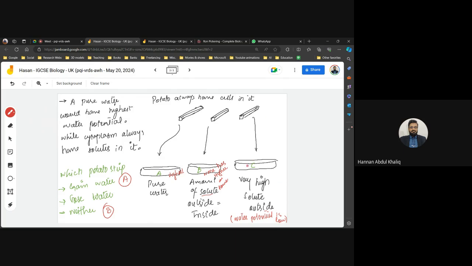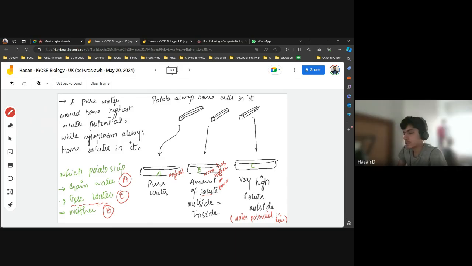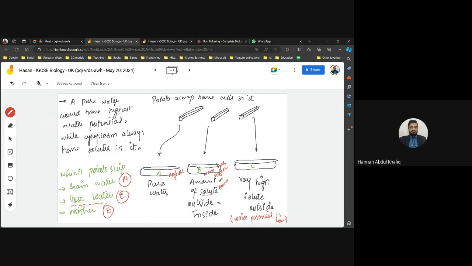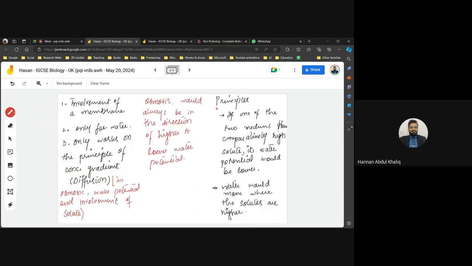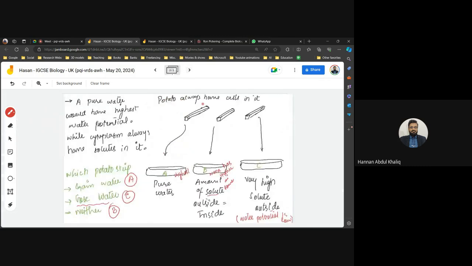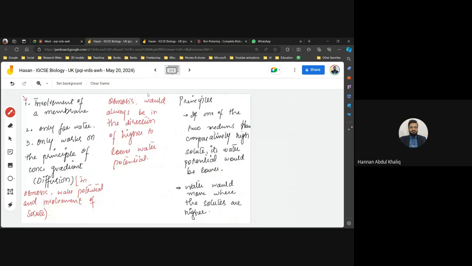It means the water is going to move outside, so the potato strip would lose water in C. Is it clear or not? Yep. Okay, just do one thing. Read this particular slide from here till the end of this page. Got it?